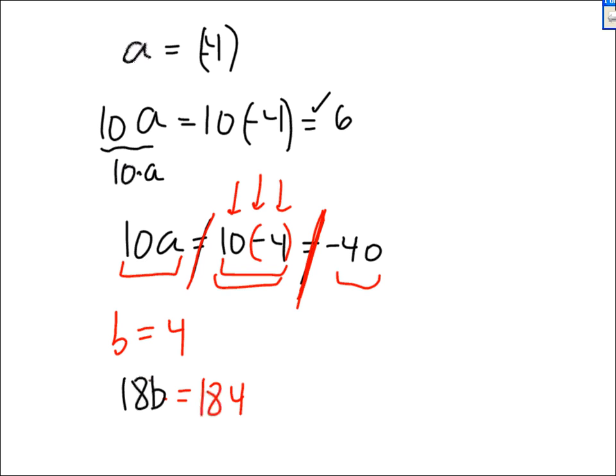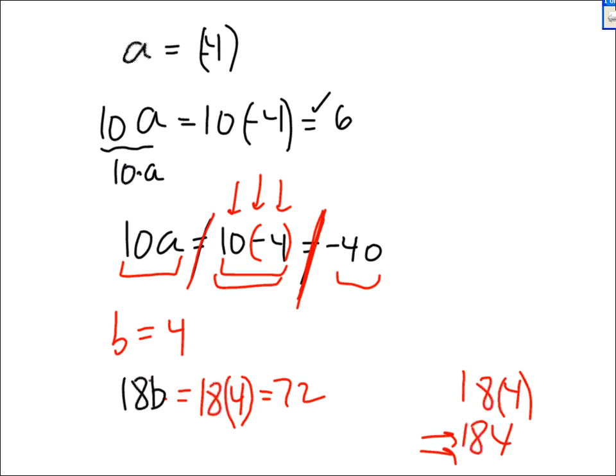But again, you really should replace the variable with the number in brackets. And then we all know, oh, that's not 184. I mean, nobody writes 184 this way. Everyone writes it that way: 18 times 4, which happens to be 72. Replace the variable with the value that is known, in brackets.